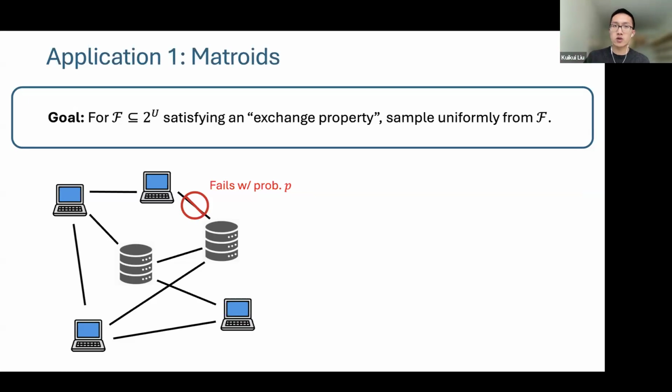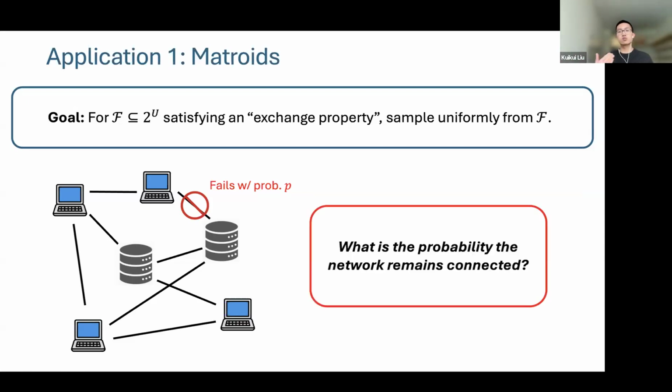Now, a fundamental quantity you might want to know is, what is the probability that this network remains connected under this failure model? So the goal is to be able to compute this probability. And it turns out you can do this if you can sample a uniformly random basis from the matroid associated to this graph. So that's an example of an application to network reliability.